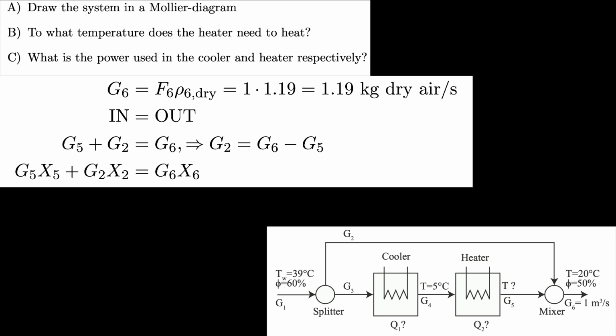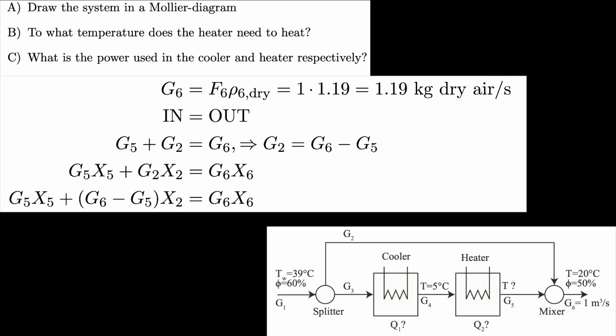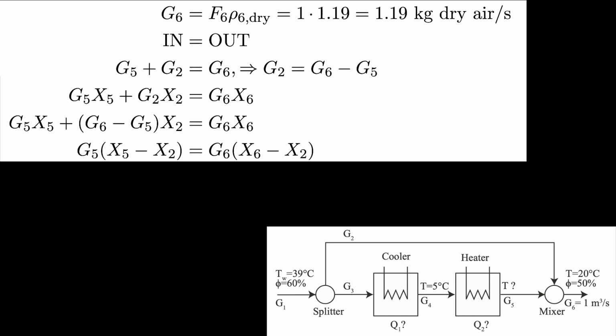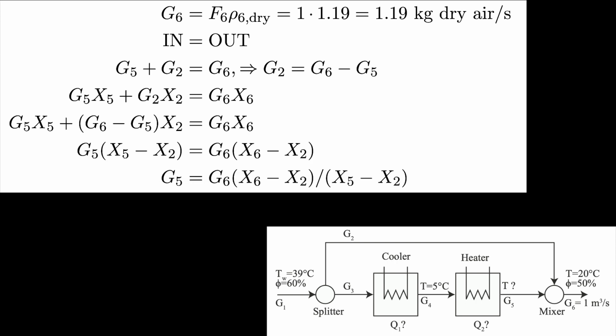Let's get rid of G2 and write G5 times X5 plus (G6 minus G5) times X2 equals G6 times X6. Collecting G5 on one side, we get G5 times (X5 minus X2) equals G6 times (X6 minus X2). And we can calculate G5 as G5 equals G6 times (X6 minus X2) divided by (X5 minus X2).